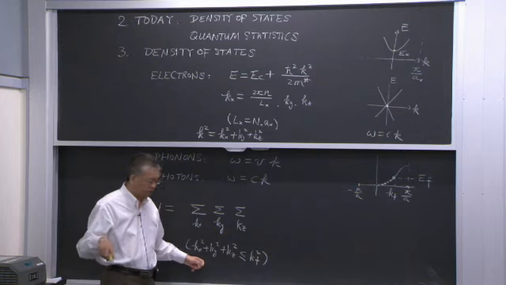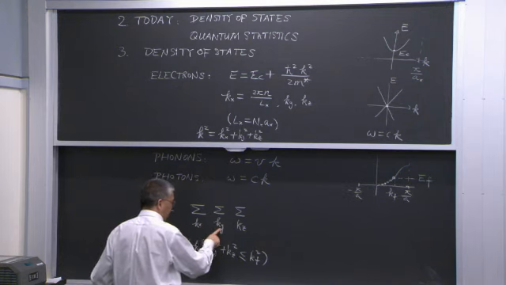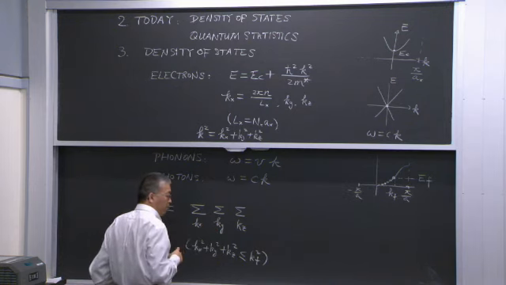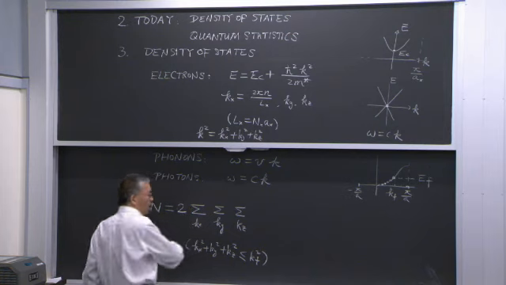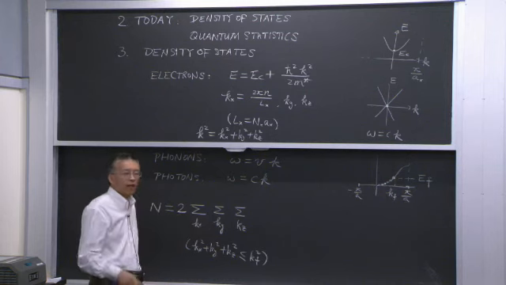So each discrete point Kx, Ky, Kz gives me one quantum state, except that doesn't count spin, so I have a factor of 2, right? So each of these quantum states has one electron.